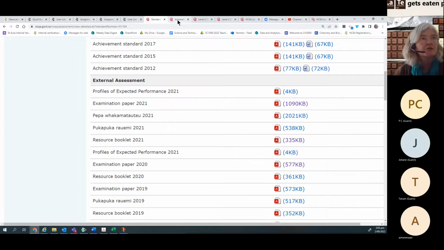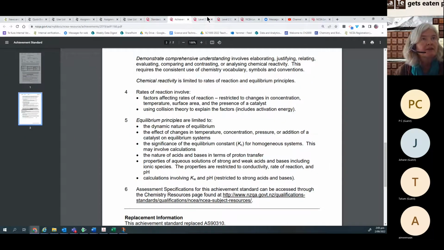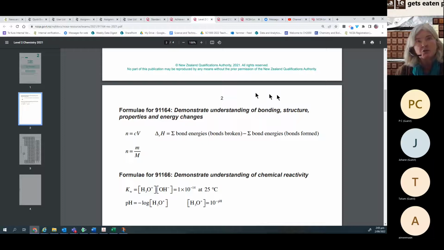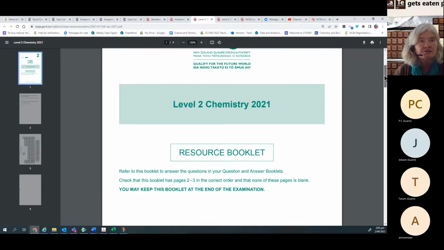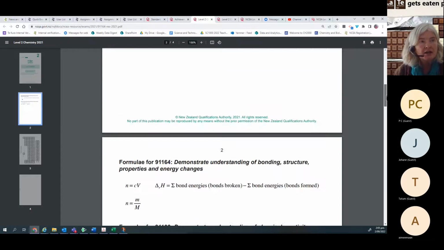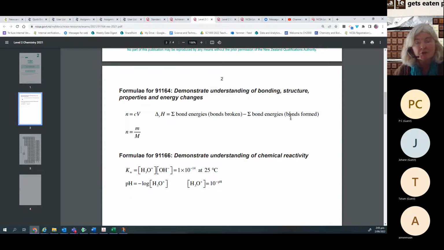Okay, so if I show you the resource booklet, that's the standard. Here's the resource booklet. The resource booklet they give you is just the front page, and then they give you this for the 91164, and you are given these equations to refer to for the 91166. So please use it.